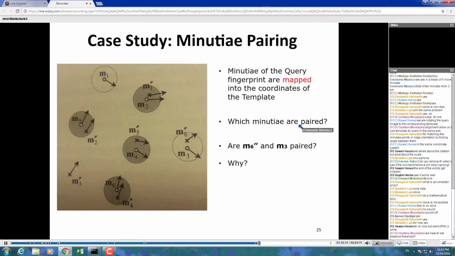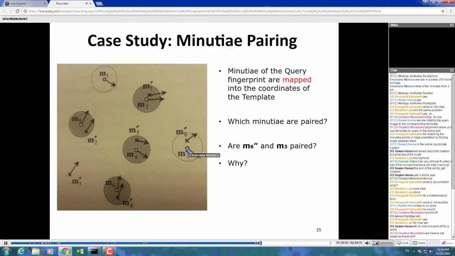For example, M6 and M3, are they paired or not? Here we have M3, minutia 3, and minutia 6. M3 is from the template, M6 is from the query. Now we need to understand, by applying the algorithm that we just discussed, if they pair or not. This is the goal.